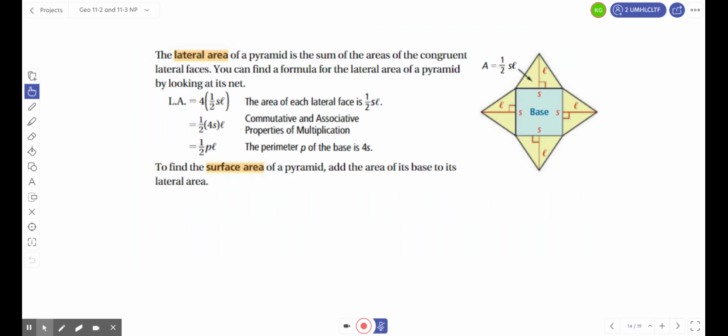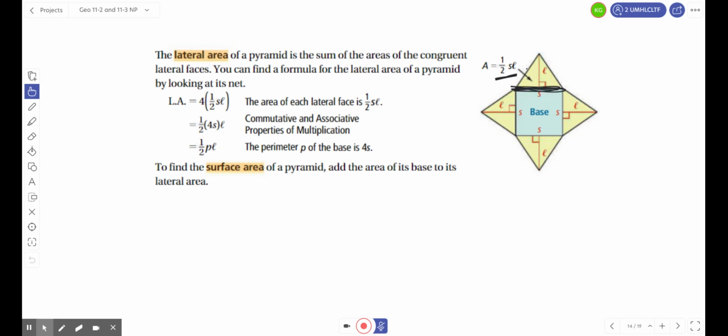So the lateral area of the pyramid is this yellow section, the sum of the areas of the congruent triangular lateral faces. And in order to find that, you use the area formula for a triangle, which is 1/2.